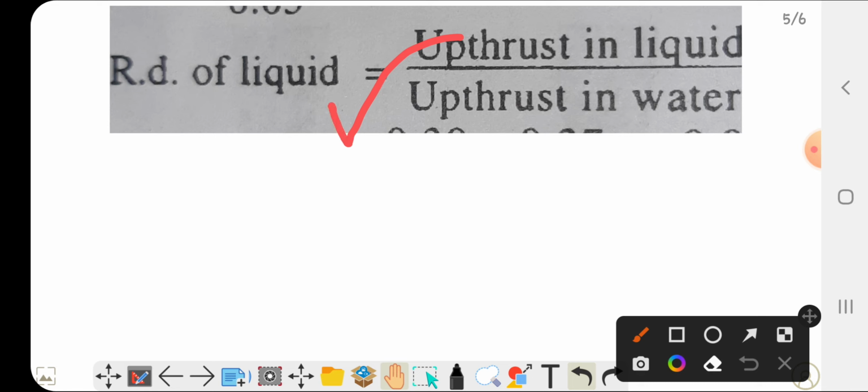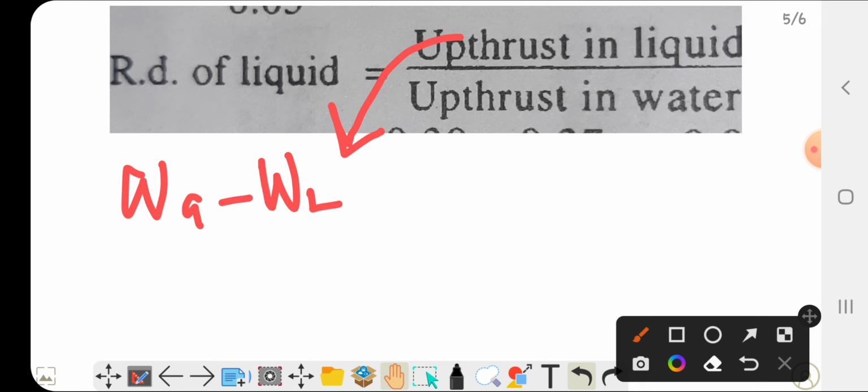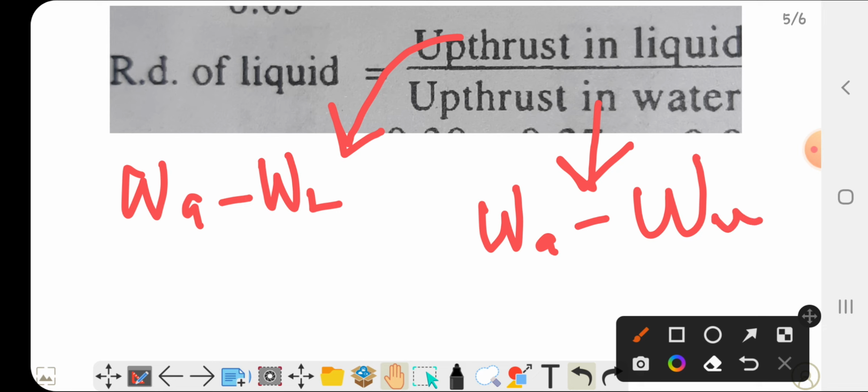Upthrust in liquid is the weight in air of that object minus the weight of that object in that liquid. Very simple. While the upthrust in water is equal to the weight of the object in air minus the weight of the object in water. That's it. So just slot this into your calculation and substitute, and you get your answer.